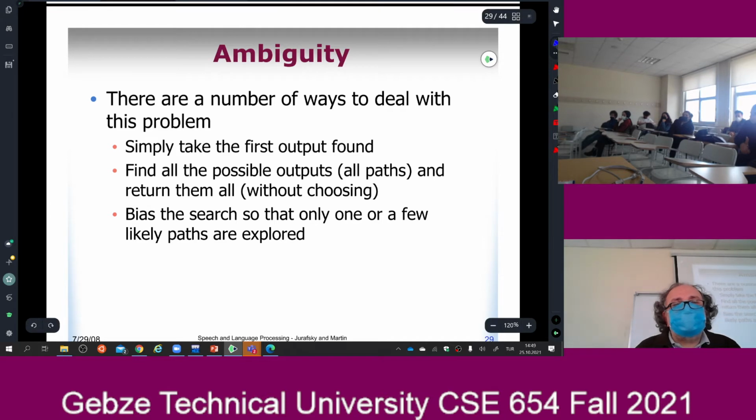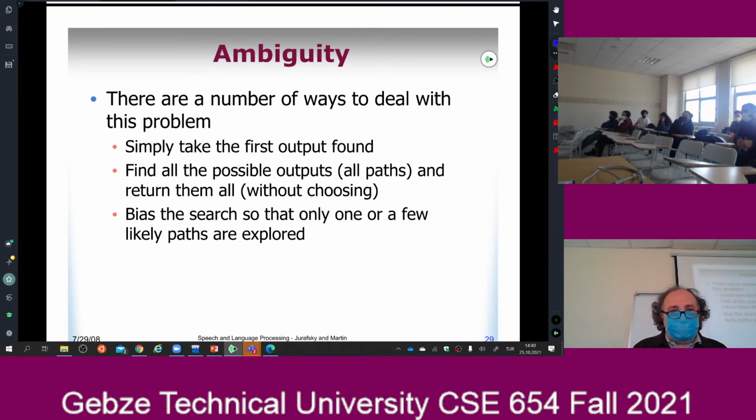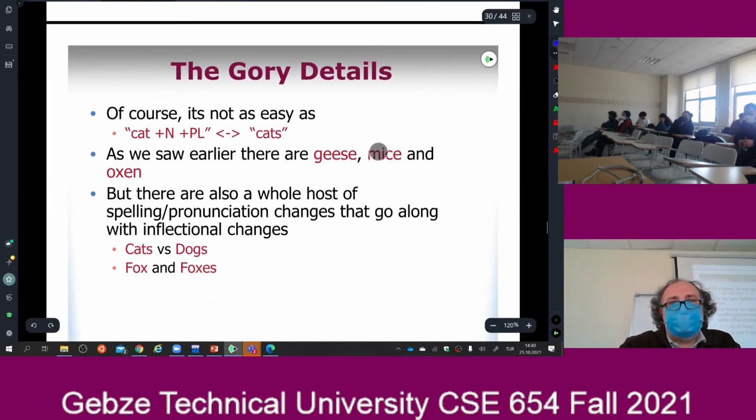Or sometimes say that out of all the different morphological parses, this is the one that is most frequently used. Or give them some probabilities, and we are going to see how we do that when we talk about n-grams. So ambiguity will be there.